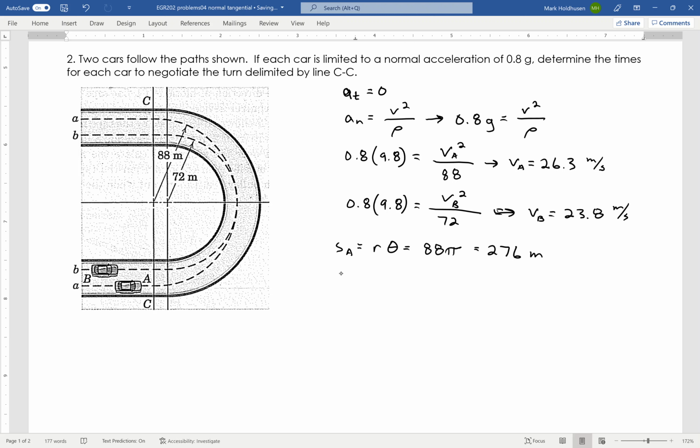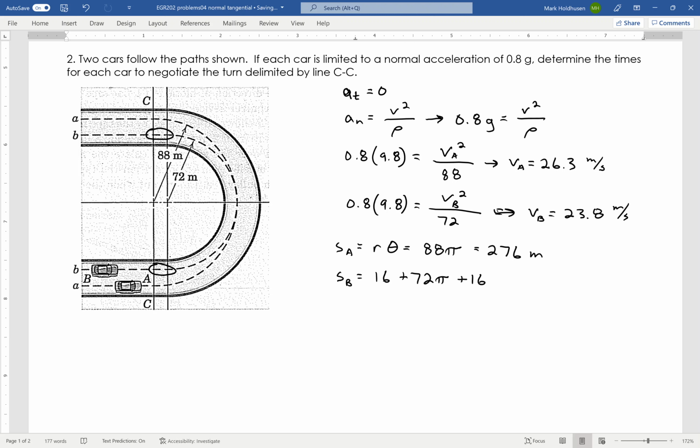Now, B, again, has a little straight path, right? B has these two little straight paths, and those are going to be 16, which is just 88 minus the 72. So it travels 16 meters, then goes around the curve. This curve will be 72 pi, because its radius is only 72, plus another 16 meters on the top end of the curve.